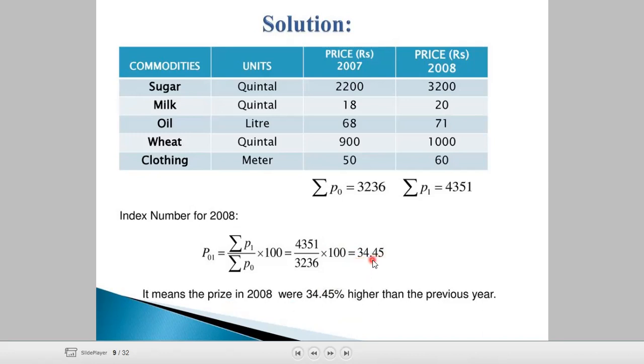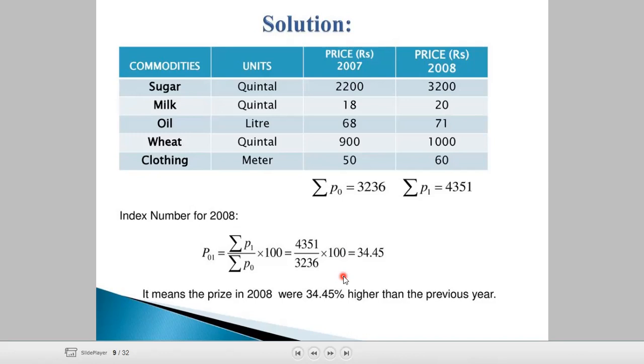So suppose it is 134.45, then we can say that the change in the price is 34.45. How am I saying this? Because I have already told you the index number is calculated in percentage. And whatever is the price index of the previous year, the base year, it is assumed to be 100.